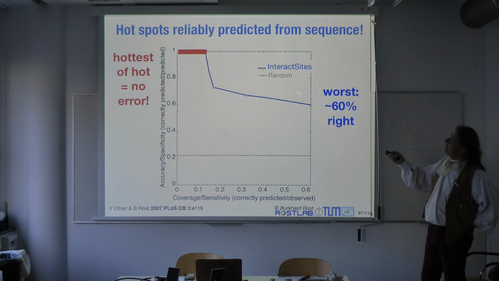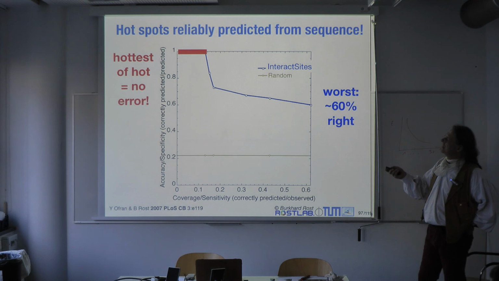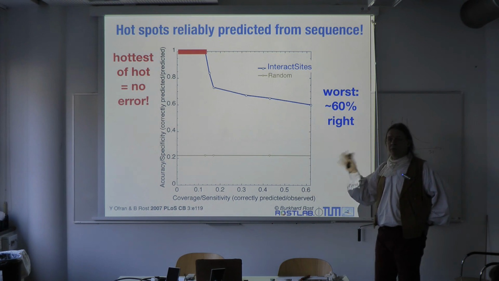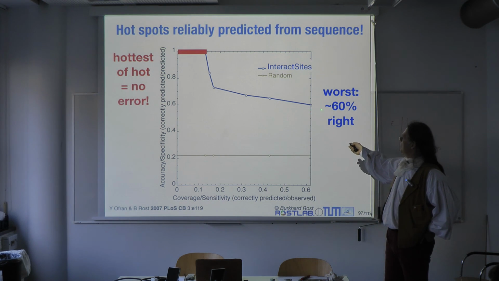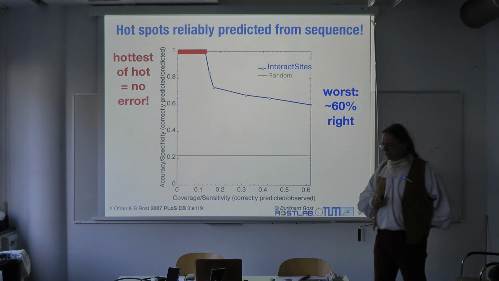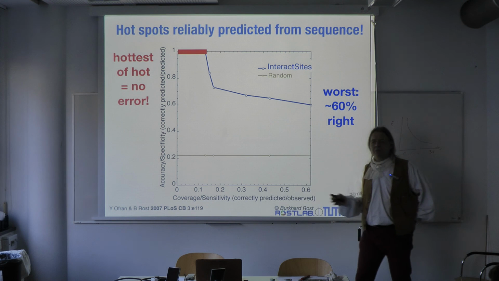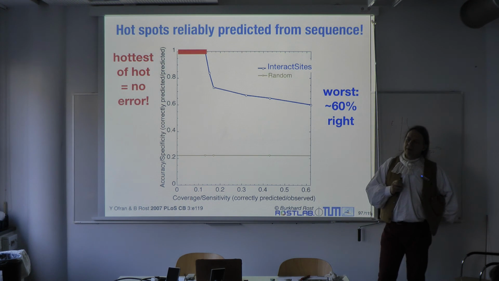Today that looks a little different, but then, for 10% of all the data that we had, we predicted it correctly without making a mistake. And even in the worst case, we still had 60% right. We can predict hotspots, and that was a paper on its own. But the major thing is that it tells you something about the biology.